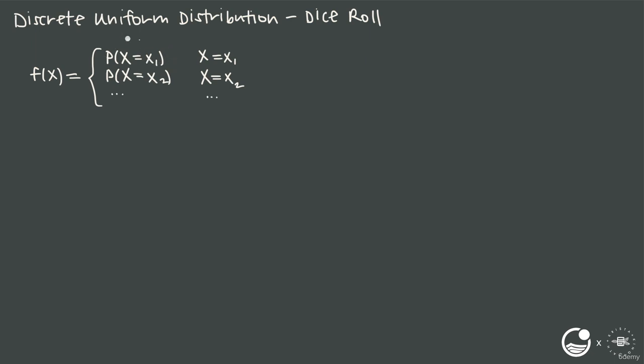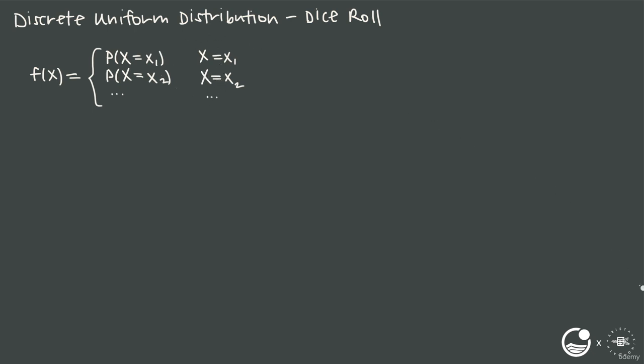Then on the second line, we give the next possible value that x can have and its associated probability. And we keep adding more and more lines until we run out of values x1, x2, x3, etc., that the random variable capital X can possibly have. So that's our general form.